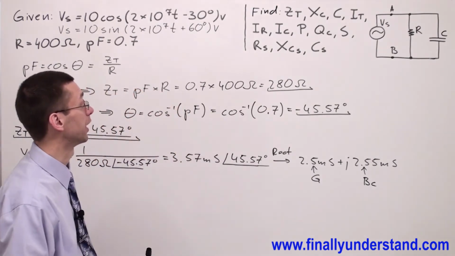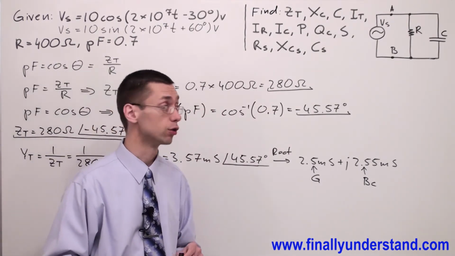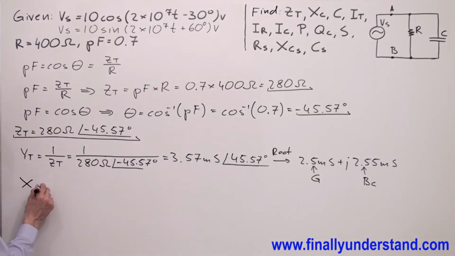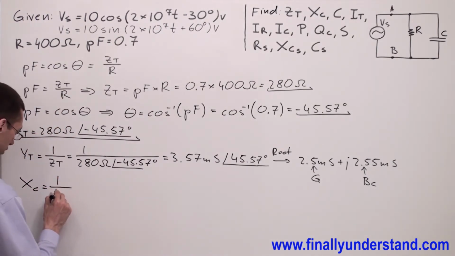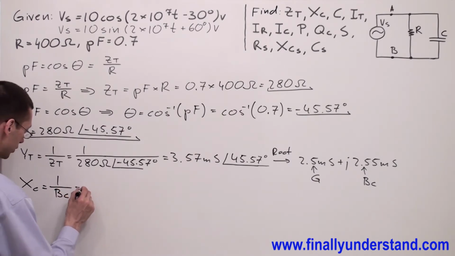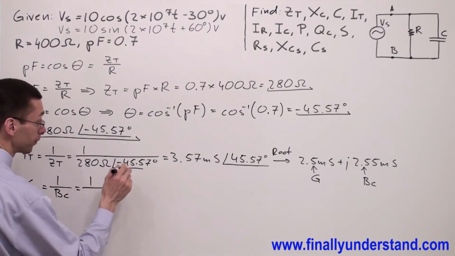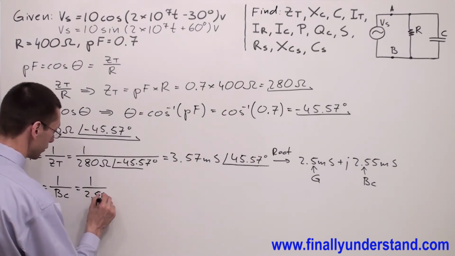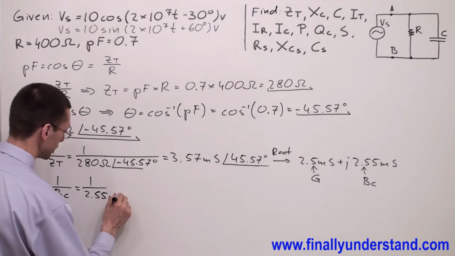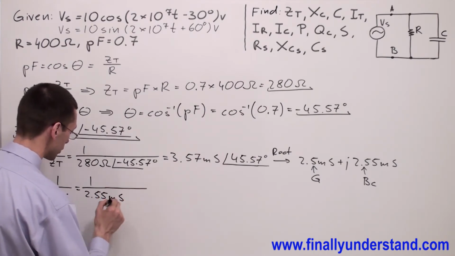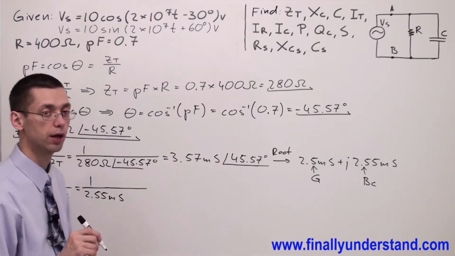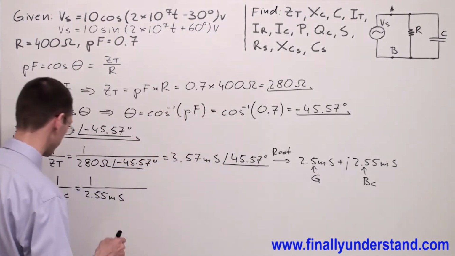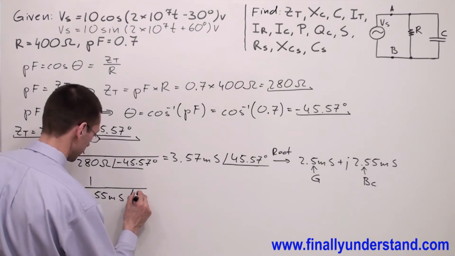But we're supposed to find the capacitive reactance. In order to find the capacitive reactance, I'm supposed to write the formula X of C is equal 1 over BC, which is equal 1 divided by 2.55 millisiemens. And because I prefer to work with polar form, instead of j, I'm going to write angle 90 degrees.